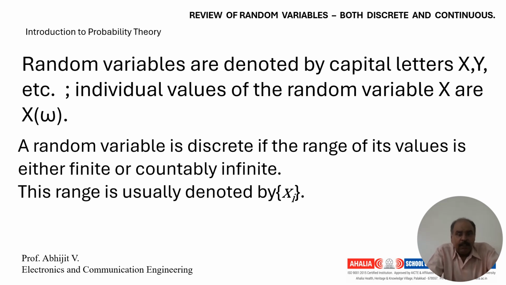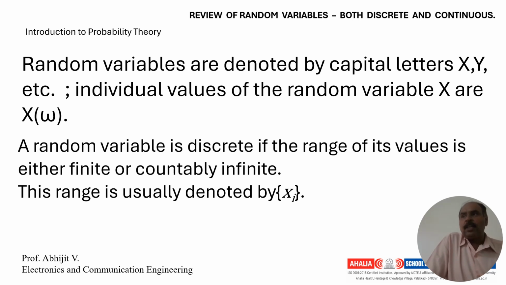A random variable is discrete if the range of its values is either finite or countably infinite. This range is usually denoted by set of x_j or x_i.